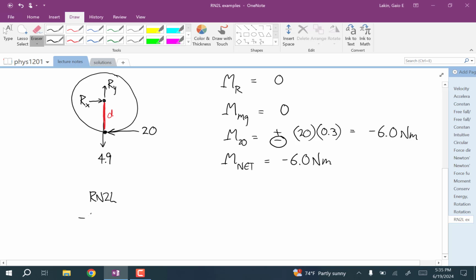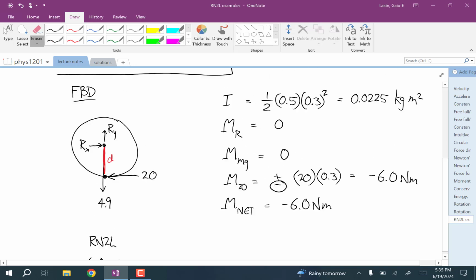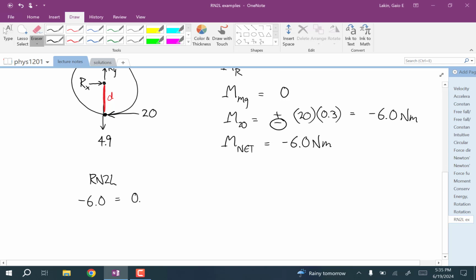The net torque is equal to the moment of inertia times the angular acceleration. And so the angular acceleration is negative 266.6 repeating, and that's in radians per second squared.